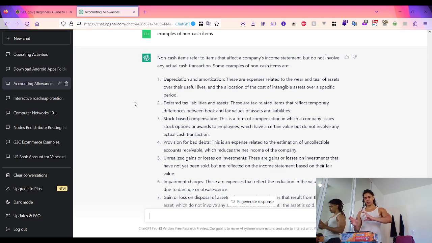At least these three examples: depreciation and amortization, which are expenses related to the wear and tear of assets over their useful life.